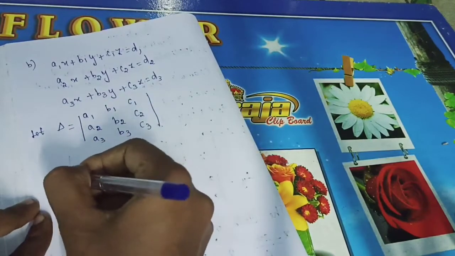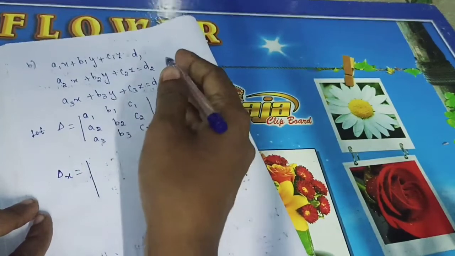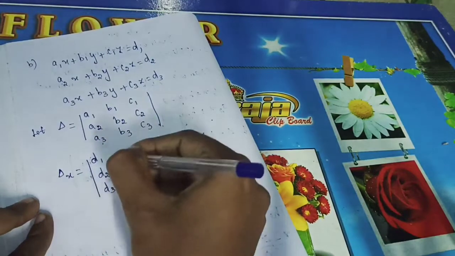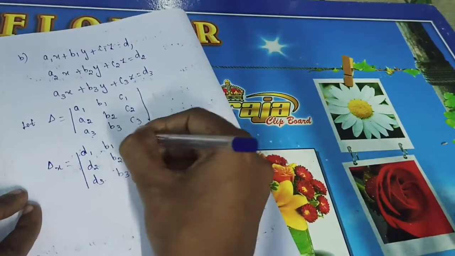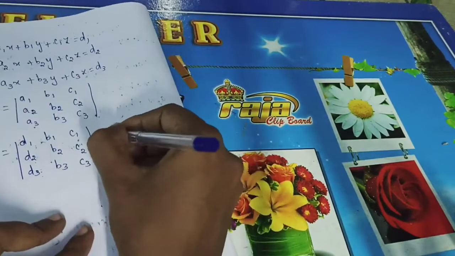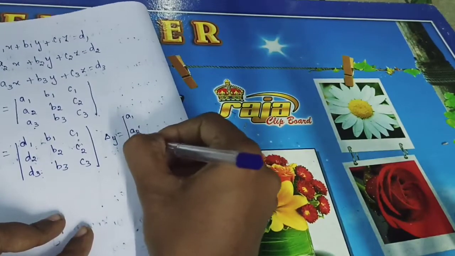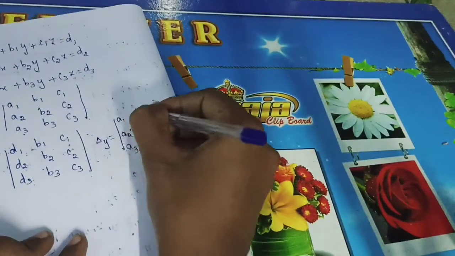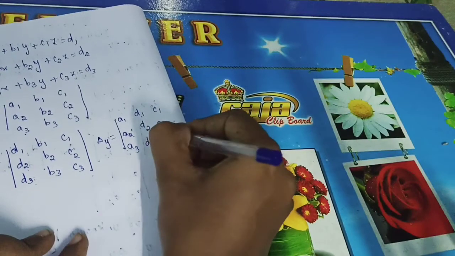Then delta x: in the place of a1, a2, a3 you bring the constants d1, d2, d3, and the next columns stay the same, b1, b2, b3, c1, c2, c3. Then for delta y: a1, a2, a3 stay, in the place of b1, b2, b3 you bring the constants d1, d2, d3, then c1, c2, c3.